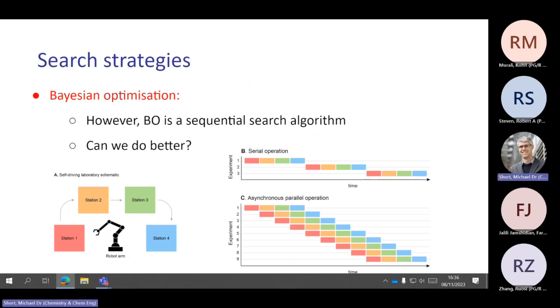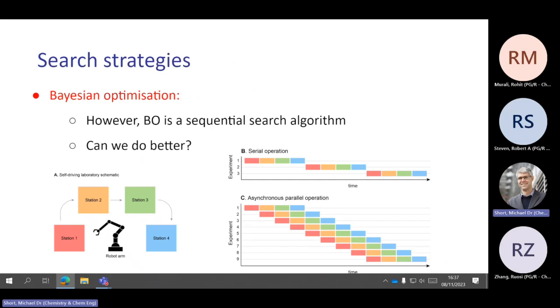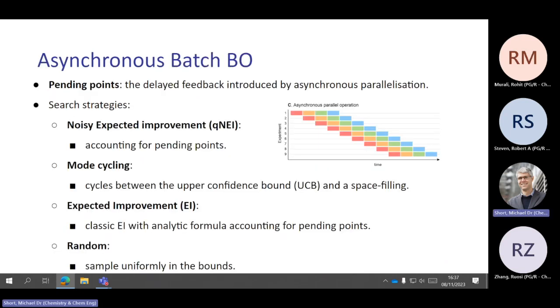During the evaluation of the first experiment, we can also do several other experiments. This whole framework can be summarized as asynchronous batch Bayesian optimization.